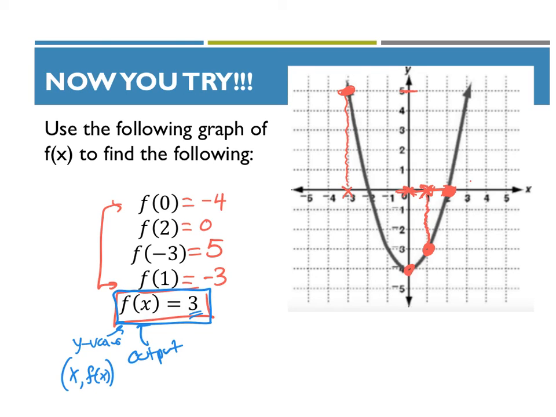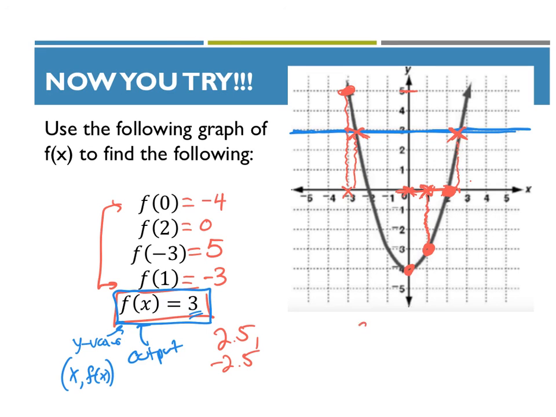If I trace where the y value is 3, it looks like it hits the function in 2 different places, to the right of the origin and to the left of the origin, and it's symmetric. If I were to estimate that x value, it looks like roughly about 2.5, or maybe a little bit over that. So 2.5 would be one answer, one of the x values that has an output of 3. And on the other side, since it's symmetric, negative 2.5 would be another value.